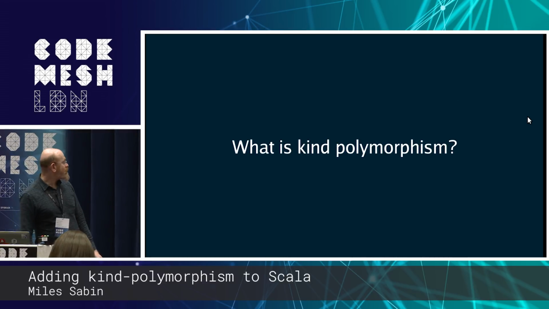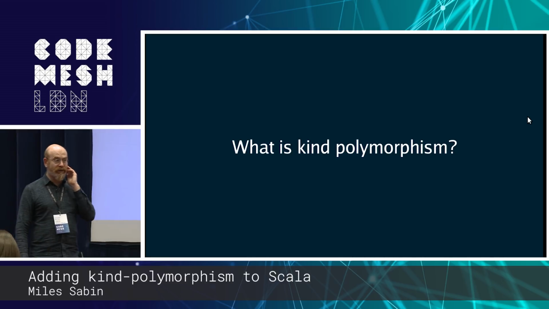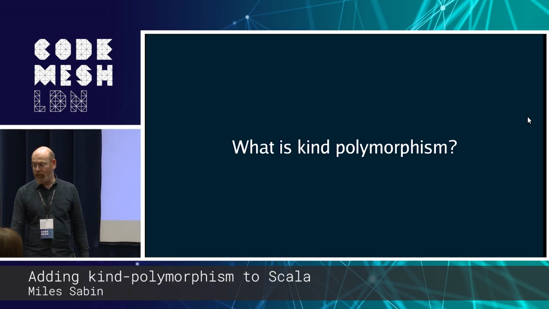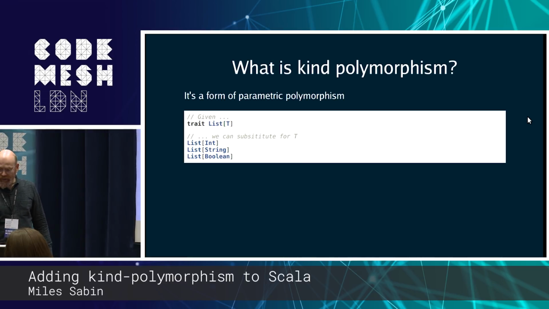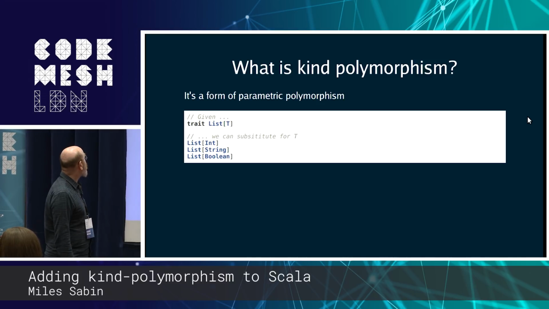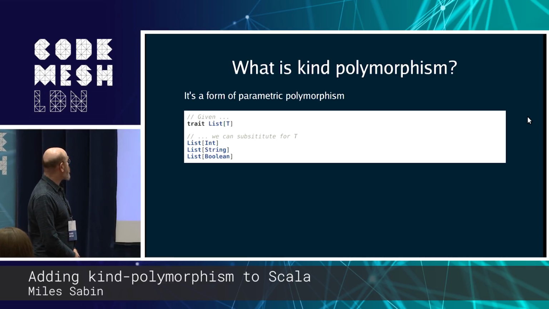Okay, so I'm going to be talking about adding kind polymorphism to Scala. A good place to start is to say, what is kind polymorphism in the first place? It's a form of parametric polymorphism. We're used to parametric polymorphism in the context of simple polymorphic types with type parameters.